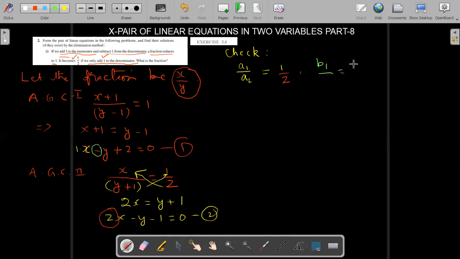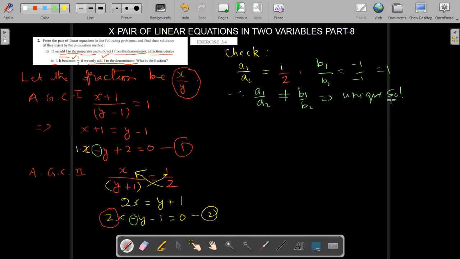So b1 is equal to minus 1 and b2 is also equal to minus 1. So minus 1 upon minus 1 is equal to 1. Therefore, a1 upon a2 is not equal to b1 upon b2. So it has a unique solution. We can solve it. Okay. So when it has a unique solution, now we can solve it.